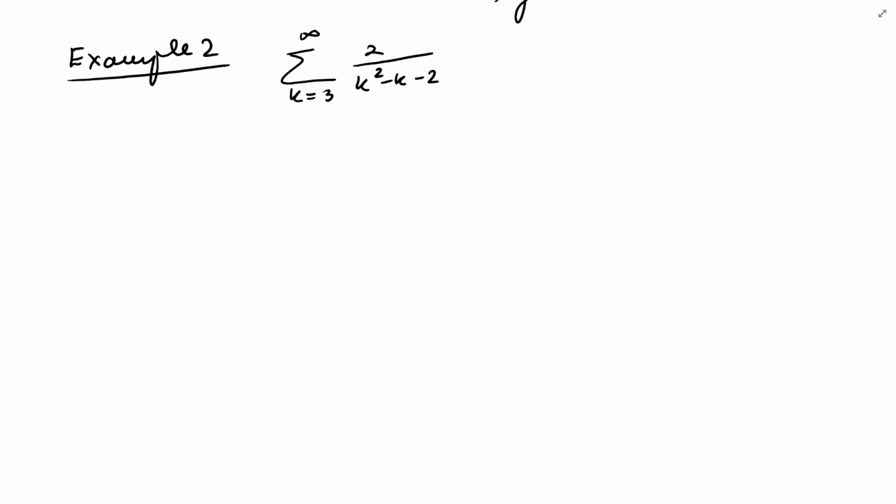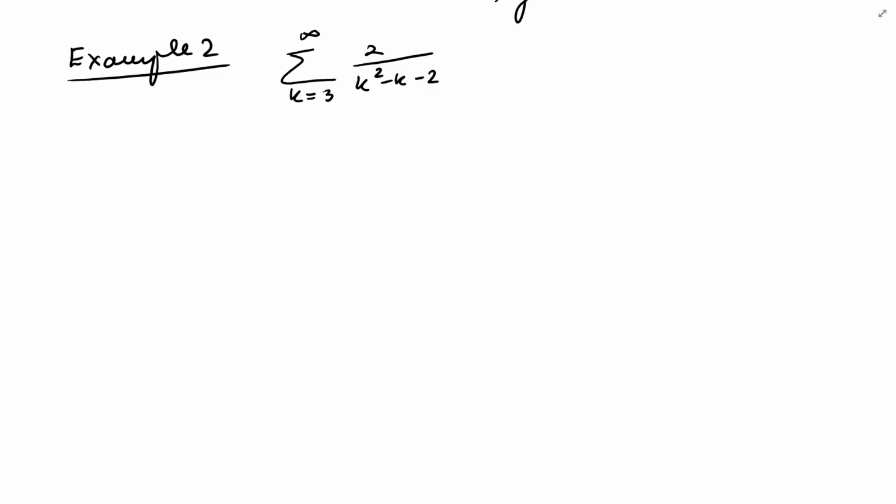Let's do another example. Sum as k equals 3 to infinity of 2 over k squared minus k minus 2. Taking a look at this one, if we do the divergence test, we get 2 over infinity, which is 0, so the test is inconclusive. So let's try another one.